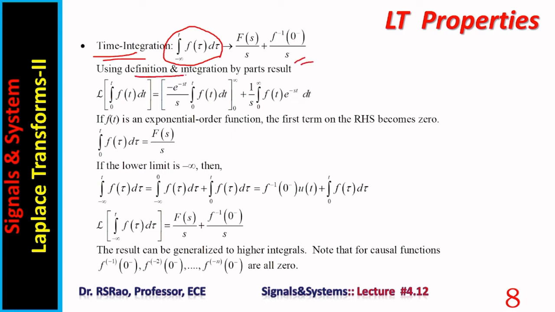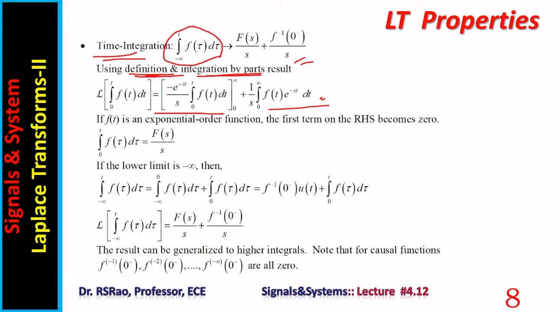Using the definition of Laplace transform and integration by parts, one can find the Laplace transform of integral 0 to t f of t dt as two terms. The first term is minus e power minus st by s times integral 0 to t f of t dt, from 0 to infinity, plus the second term is 1 by s integral 0 to infinity f of t e power minus st dt.